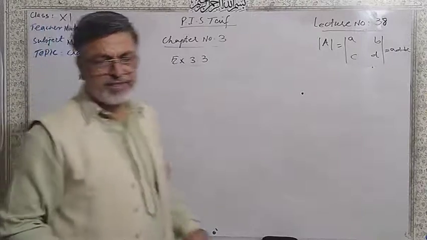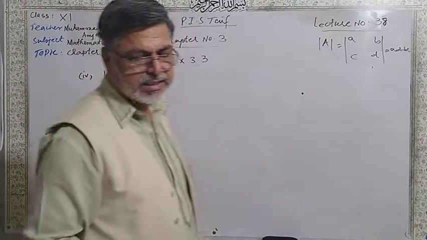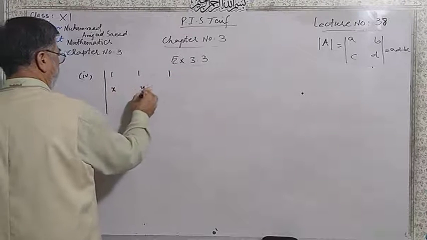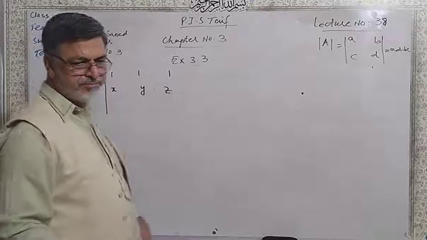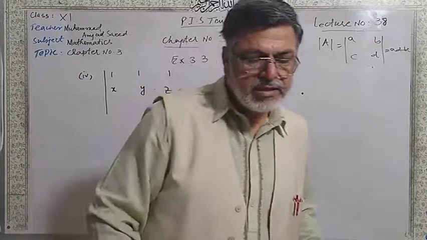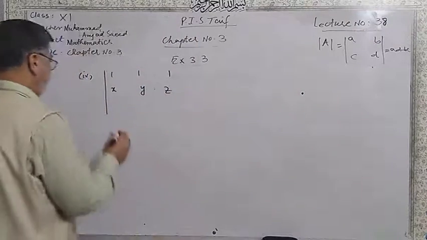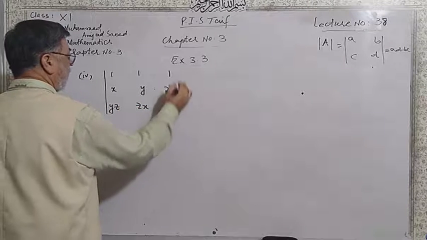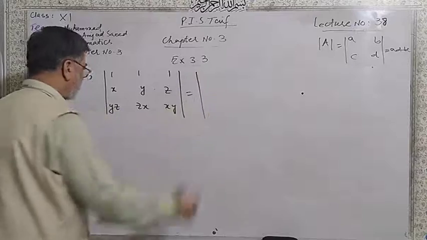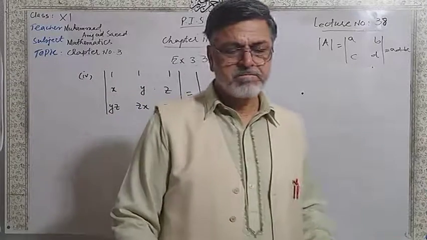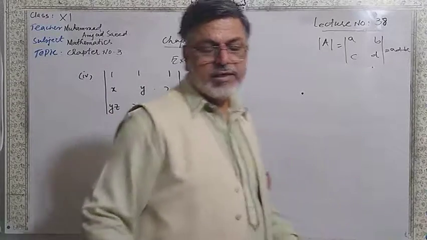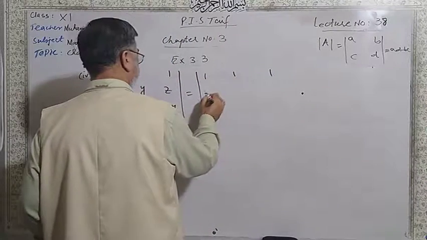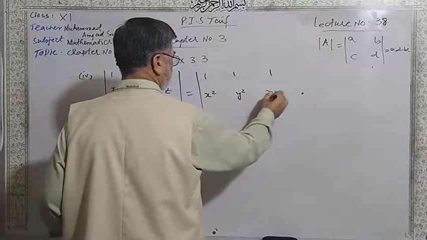We have to prove that left hand side is equal to right hand side. 1, 1 and 1, x, y and z. Here is yz and zx. Then xy, that is equal to 1, 1, 1, x square, y square, z square.